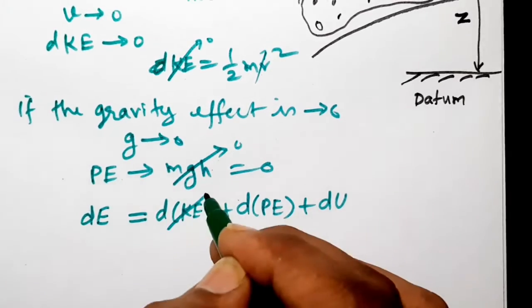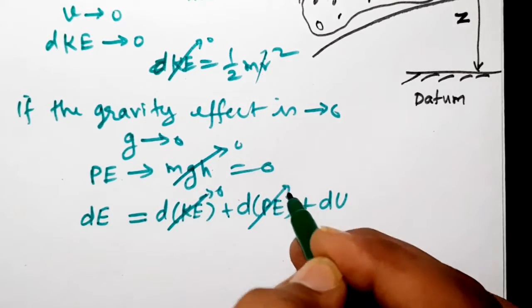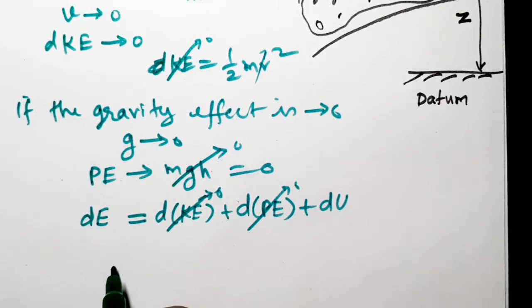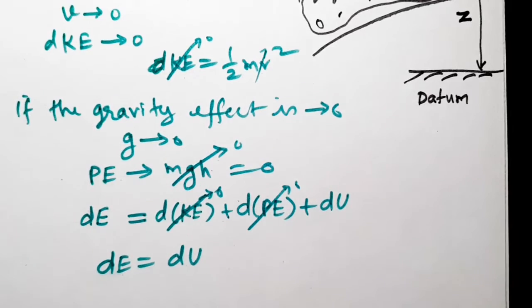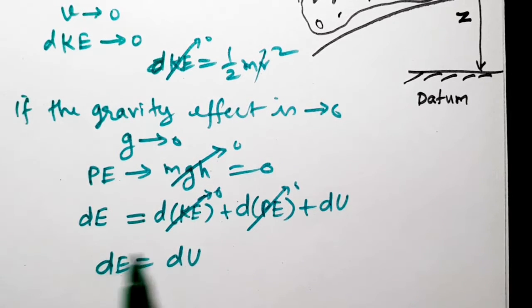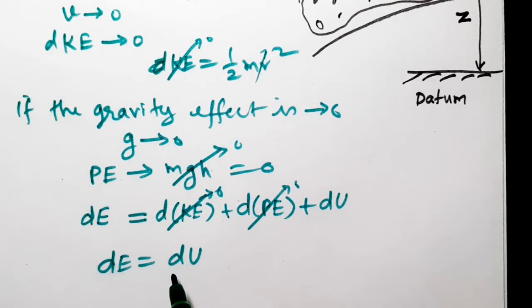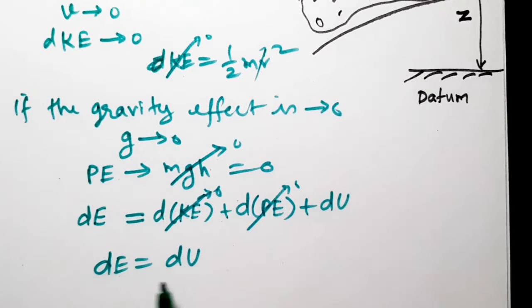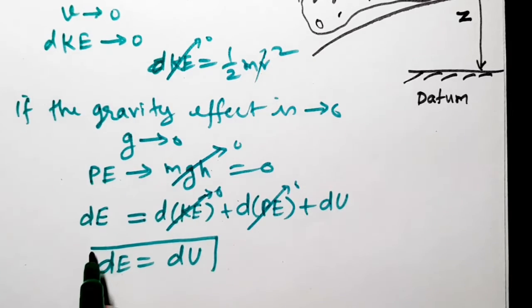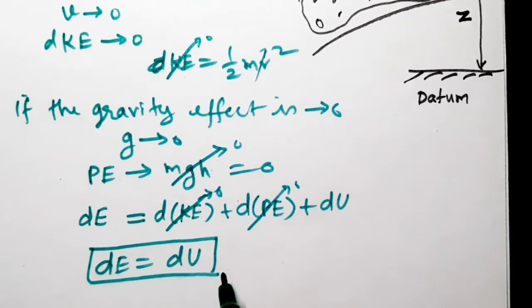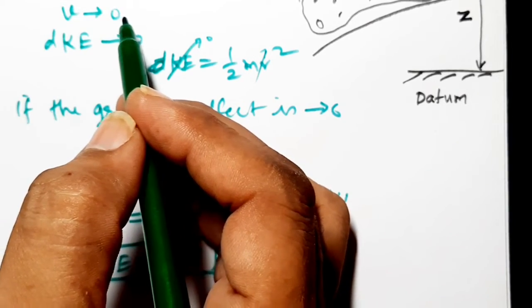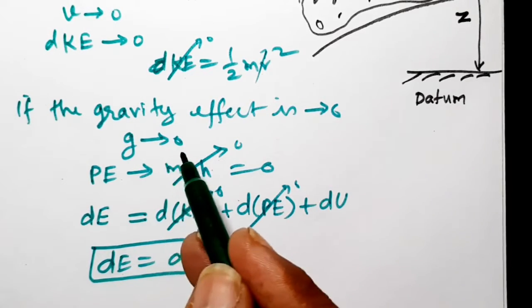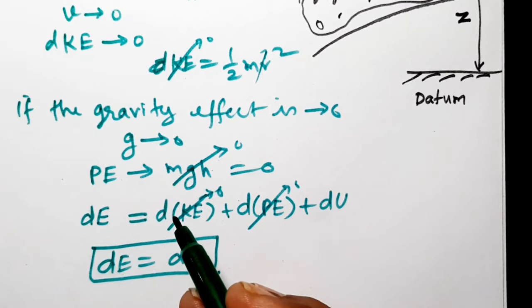So here this is neglected, this is also neglected, then we can say dE is equal to dU. So change in total energy is equal to change in the internal energy. Okay, so this is the condition when the velocity is 0 and gravity effect is also neglected.